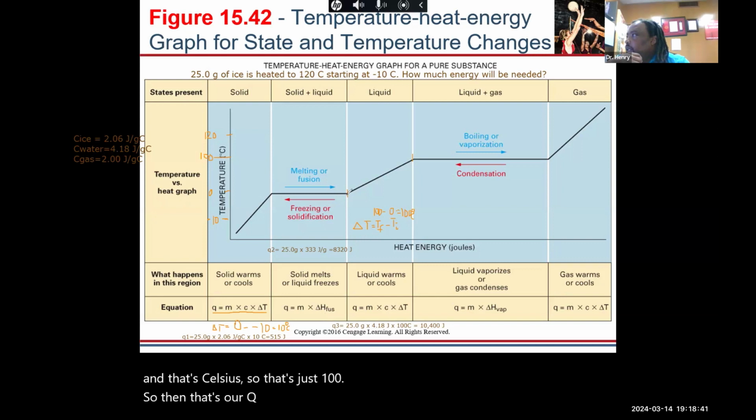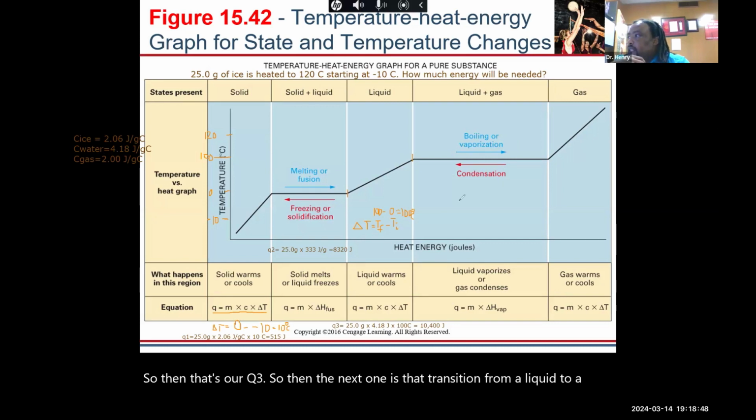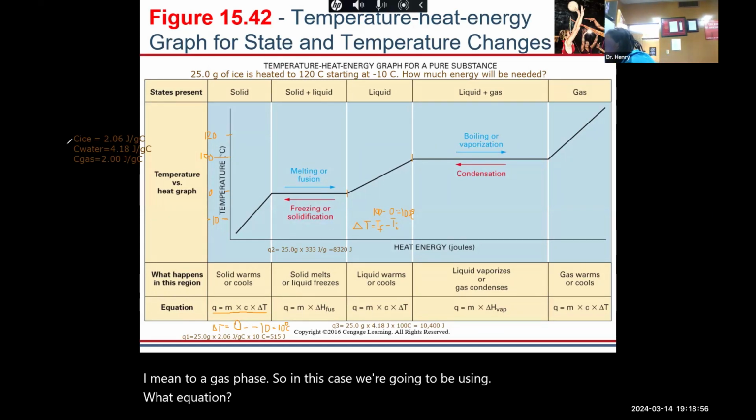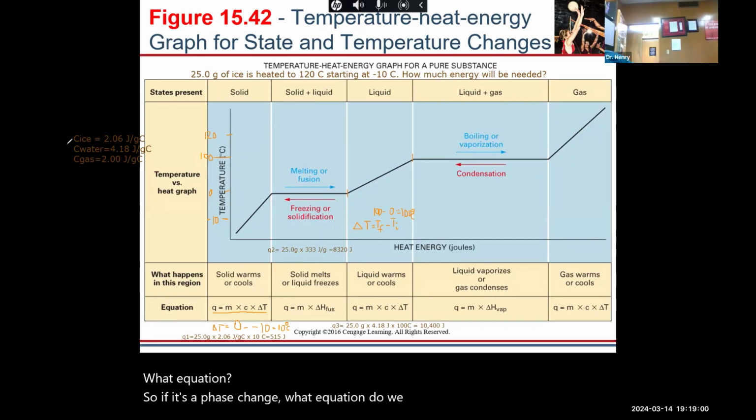So then the next one is that transition from a liquid to a gas phase. So in this case, we're going to be using what equation? The Q equals M times the heat of vaporization.